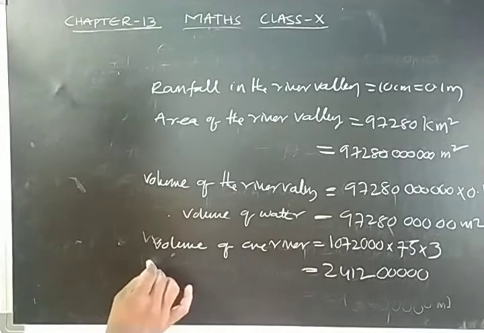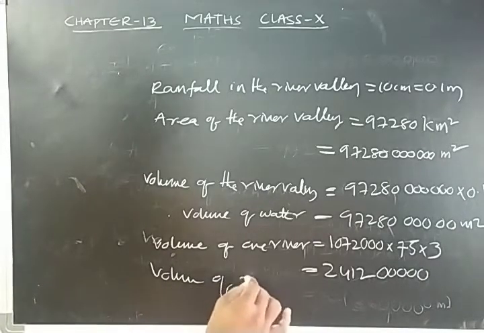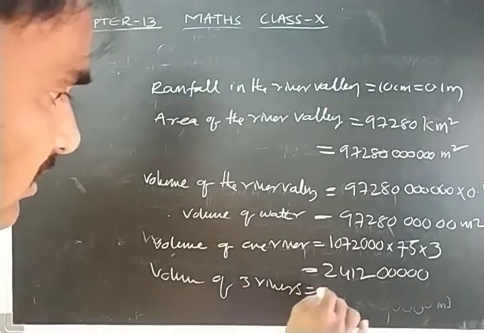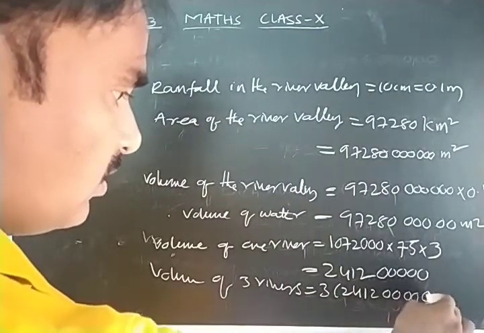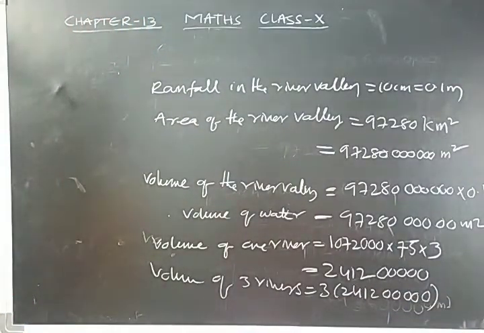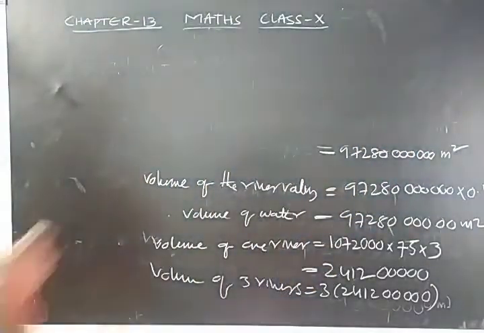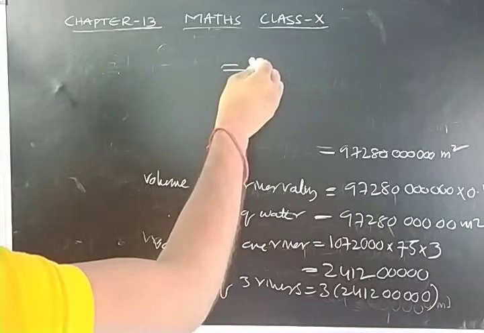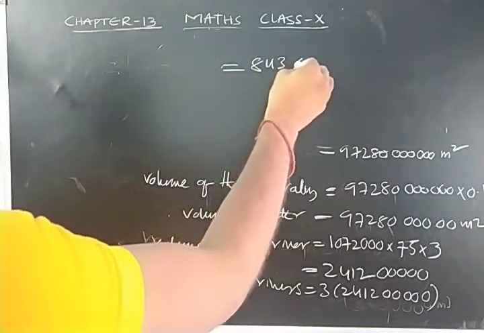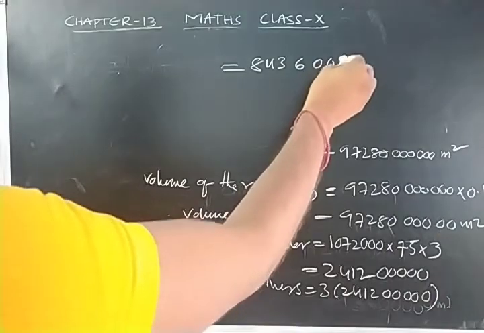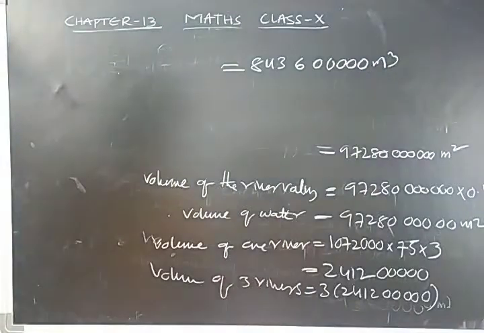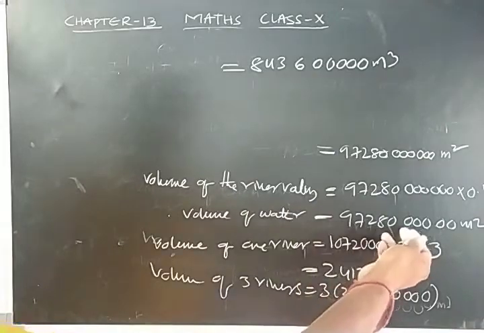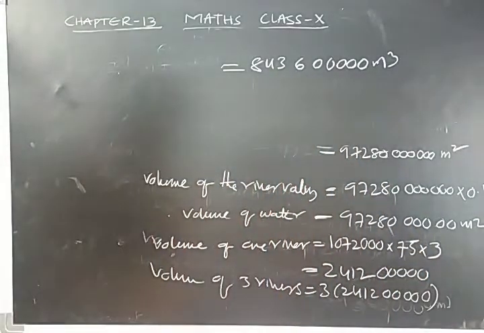Now the volume of three rivers. How to get it? 3 into 2412 with 5 zeros. By multiplying this, the volume of three rivers will be equal to 8436 with 5 zeros meter cube. So observe here, the volume of the water in the valley will be approximately equal to this quantity.